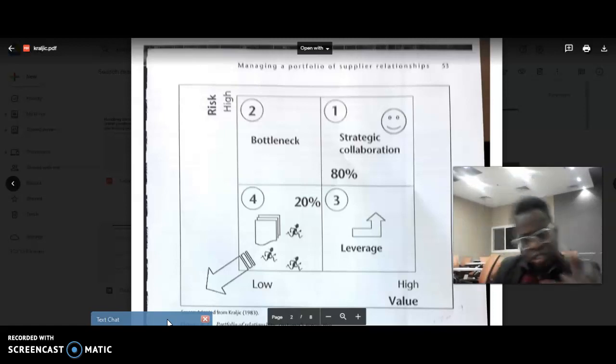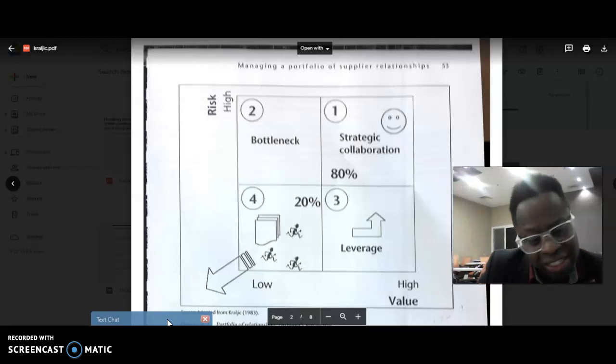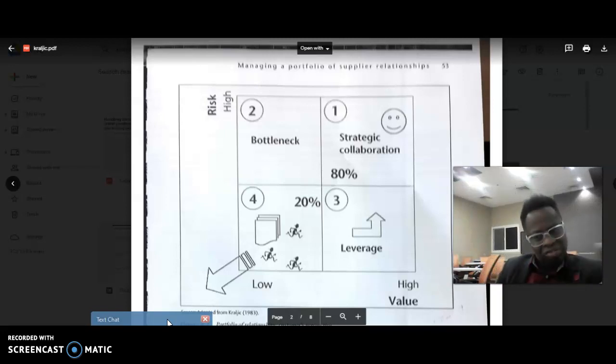Now there are other quadrants. Let's say there's a quadrant called bottleneck. For bottleneck we have risk high, value low. So what is that about? Why would the risk be high and the value low? I'll explain.